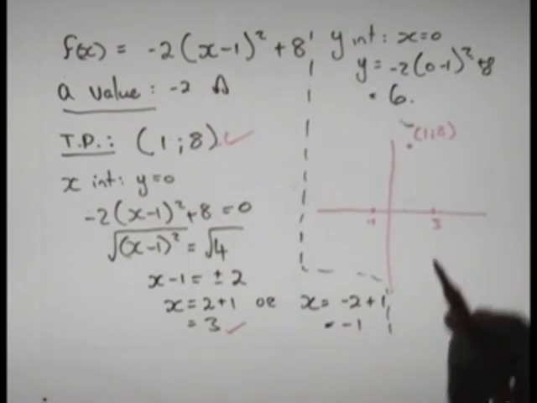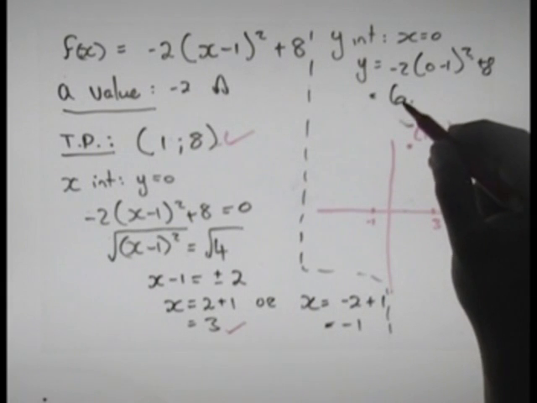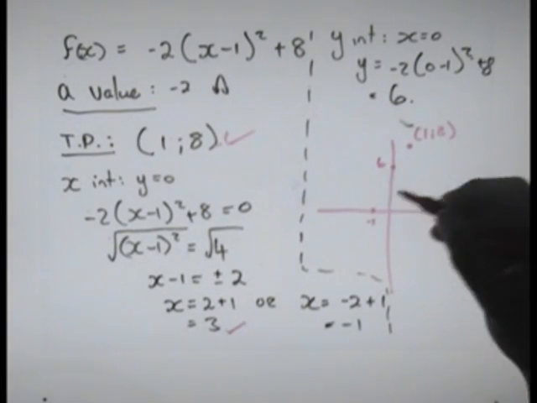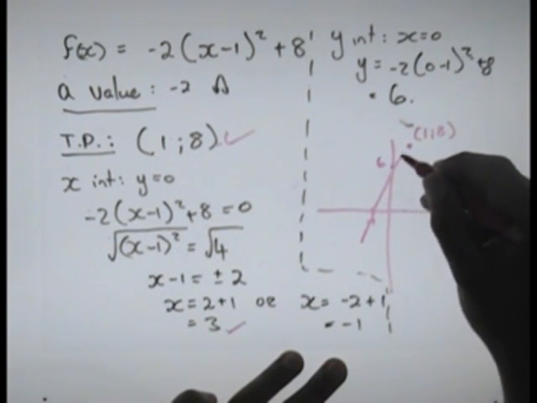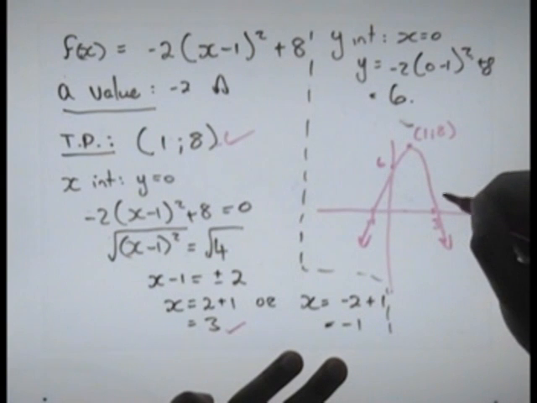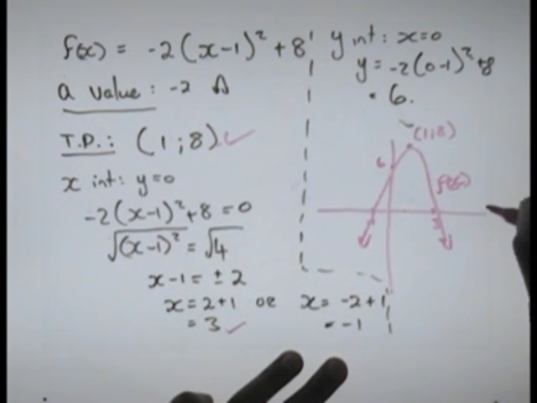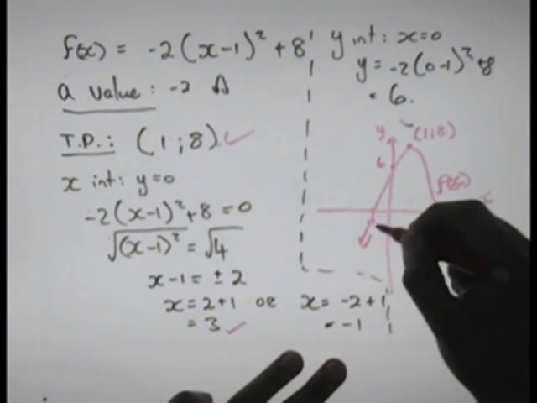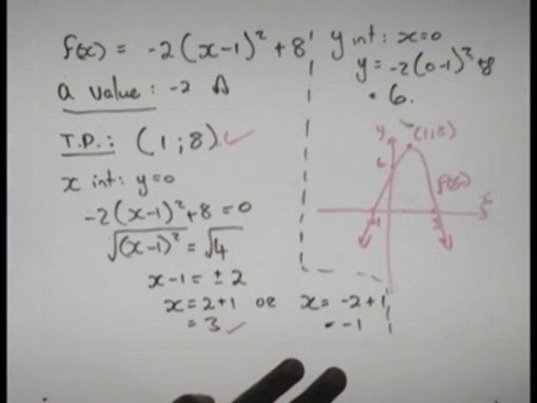And my y-intercept is equal to positive 6, which is going to be over there. That means that my graph is going to look like that. That's the graph f of x. Label it. This is my x-axis, this is my y-axis, and all my points are in.